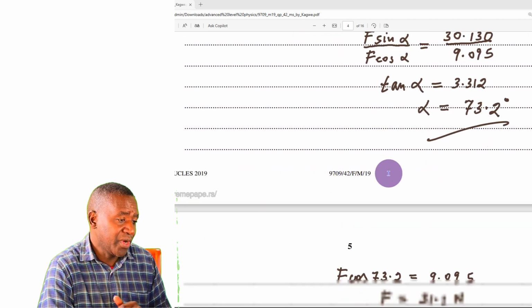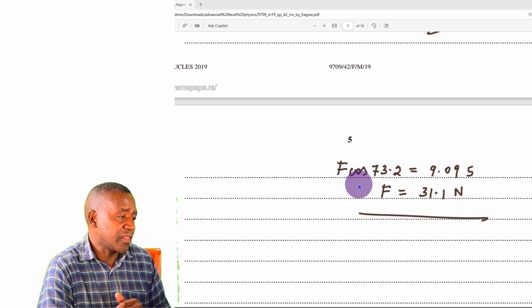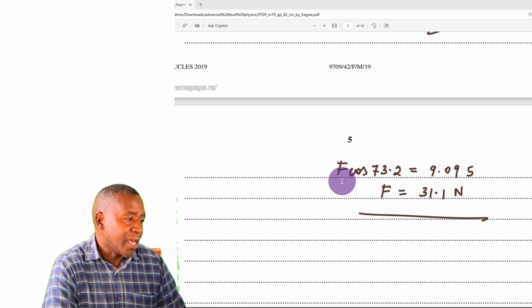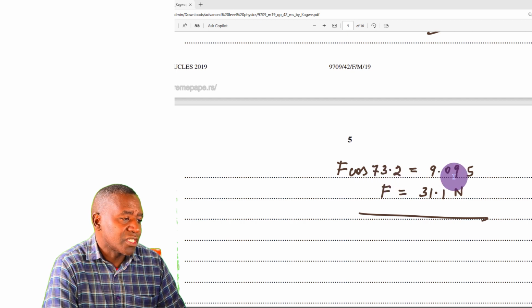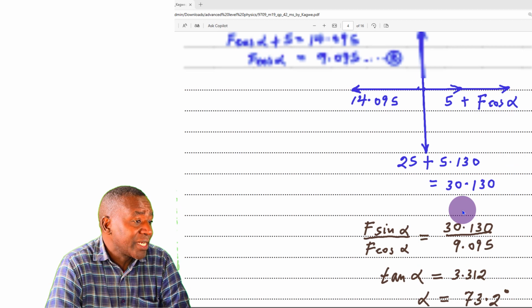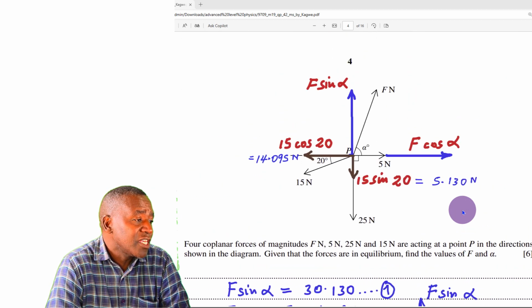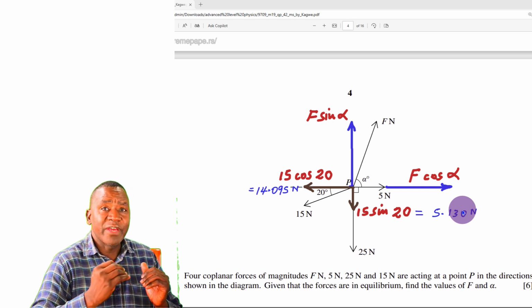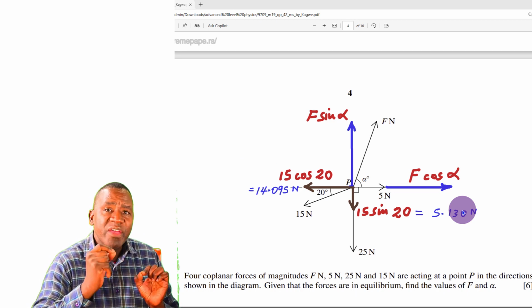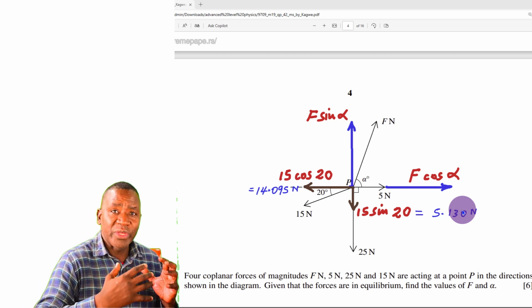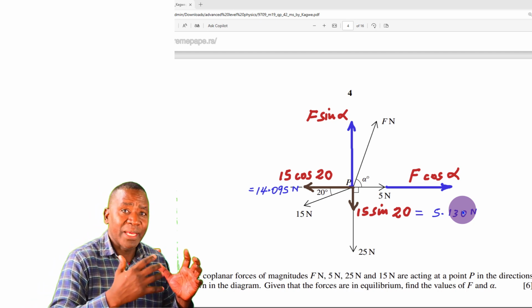For example, I substituted it in the expression that carries the cosine, where I have F cos 73.2 equal to this value, and I get the value of F. You can indeed see that solving this kind of question is very, very simple. It's very interesting, but there are methods to follow. If you follow this method, you really enjoy problem solving in mechanics.